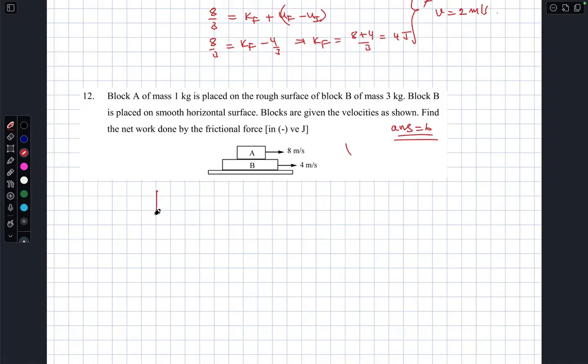What happens here? Relatively, A tends to move rightwards. So A will experience a frictional force backwards.